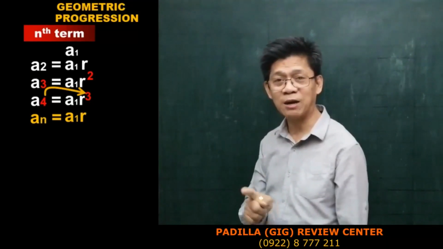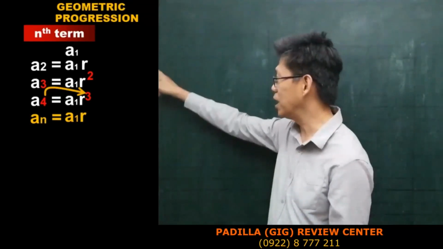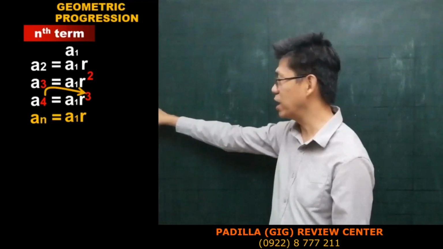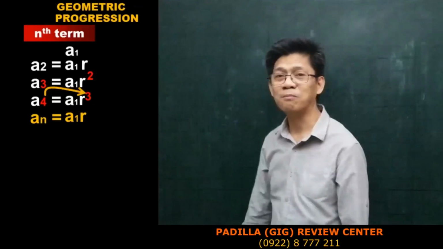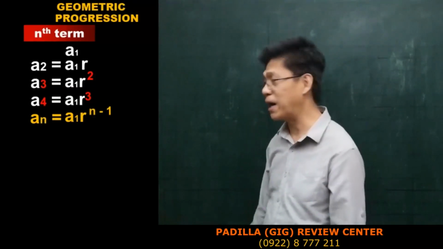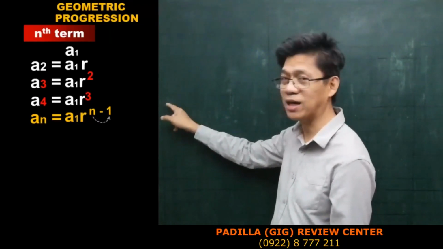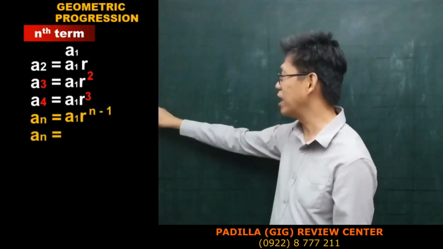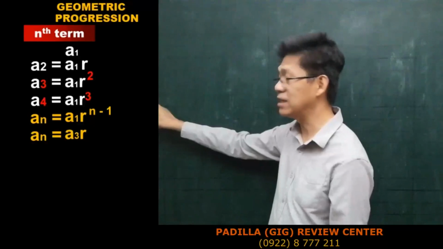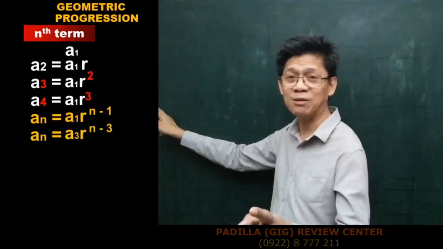So yung exponent ng r mas mababa ng isa sa subscript ng A. So it would be A1 r, pag ito n, the exponent ng r is n minus 1. So notice also the pattern, kaya pagka ito ay A1, n minus 1. So kapag naman ito ay A3, An is equal to A3, what will be the exponent of r? Correct. n minus 3. That would be the pattern.